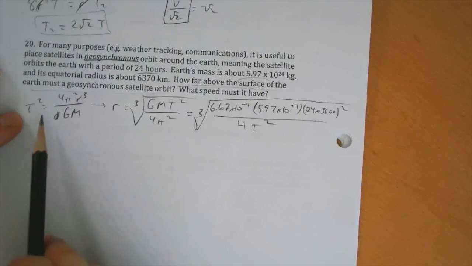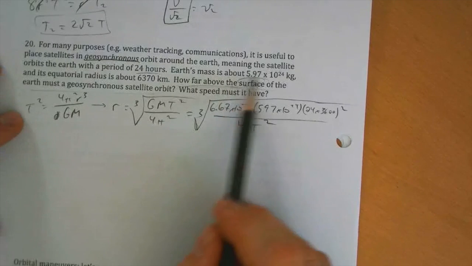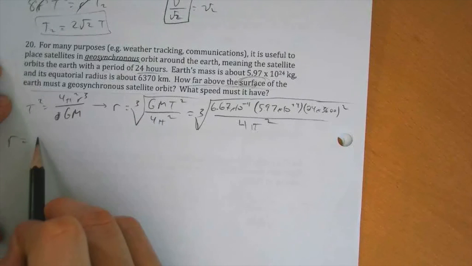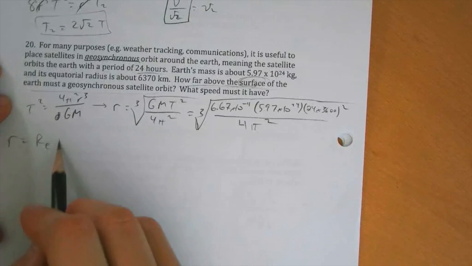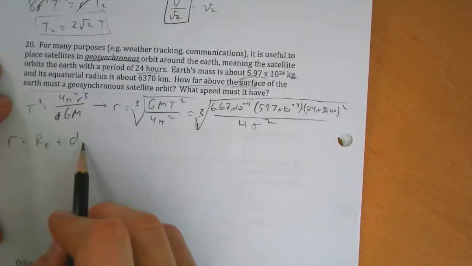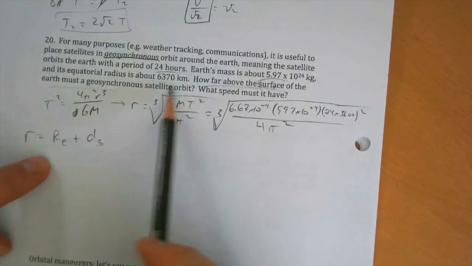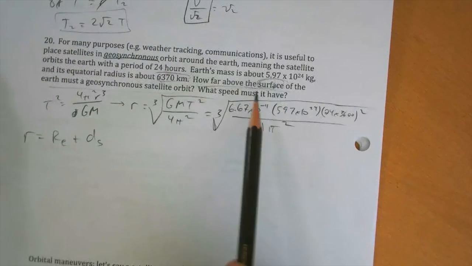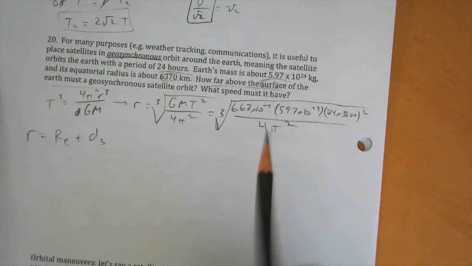The only thing to note is the question is how far above the surface of the Earth must it be? So r is the distance from the center of the Earth. So that is equal to, in this case, the radius of Earth plus distance from the surface. So you'd have to subtract 6,370 kilometers to figure out how far above the surface of the Earth it has to be.